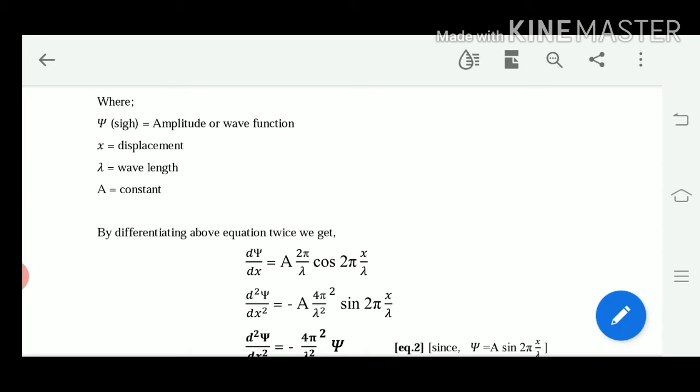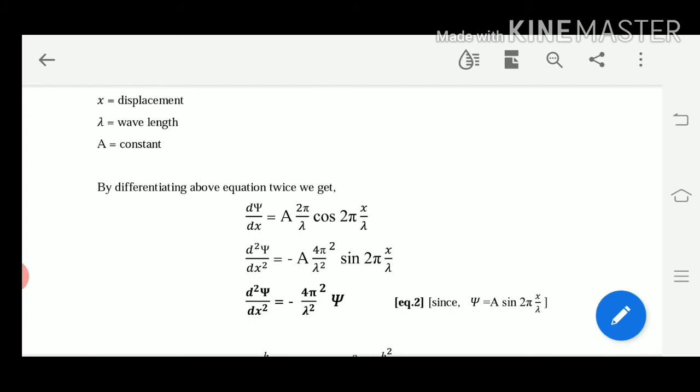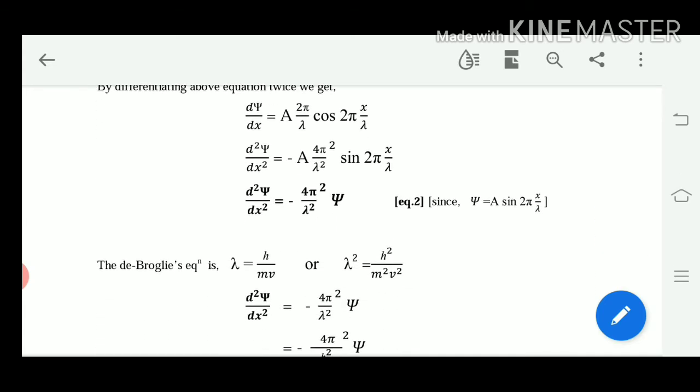Again differentiating, we get dou square psi by dou x square is equal to minus A 4 pi square by lambda square sin 2 pi x by lambda. So from equation 1 we get dou square psi by dou x square is equal to minus 4 pi square by lambda square into psi. This is the differentiated equation of the standing wave equation.